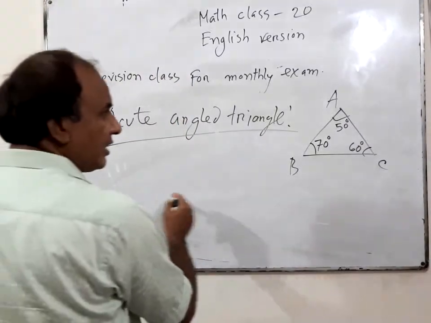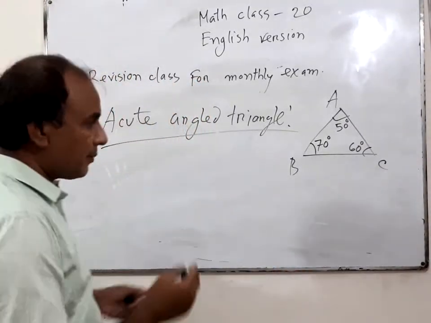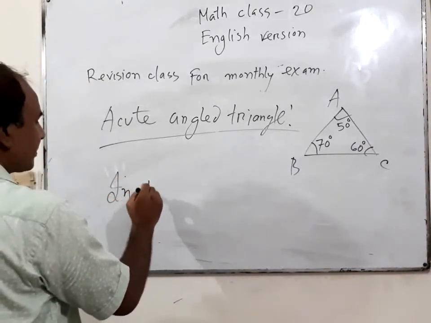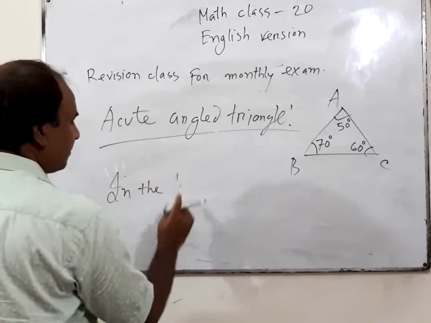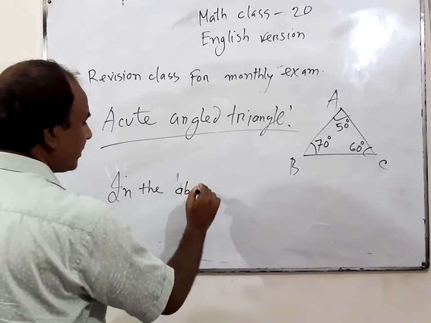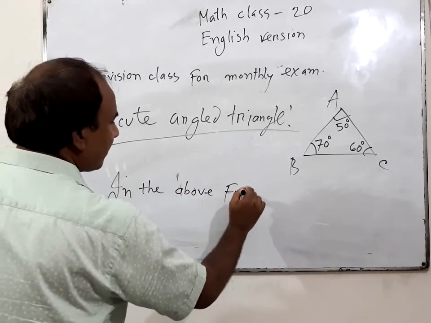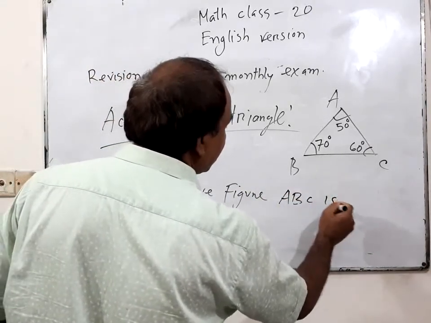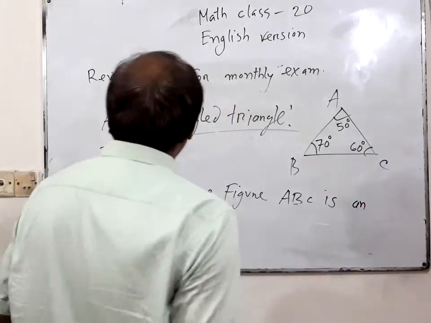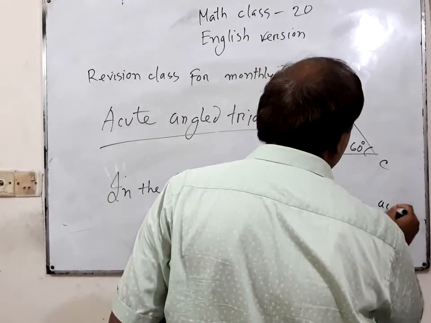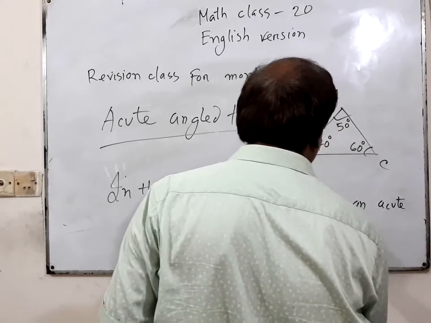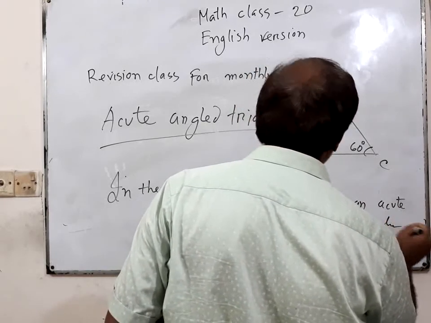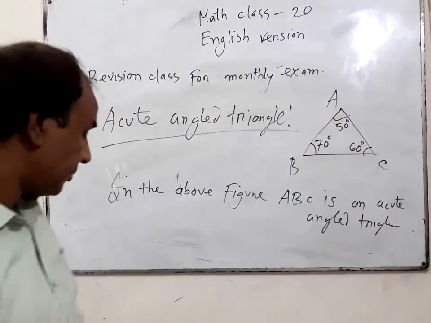So in the above figure, ABC is an acute angle triangle. Okay?